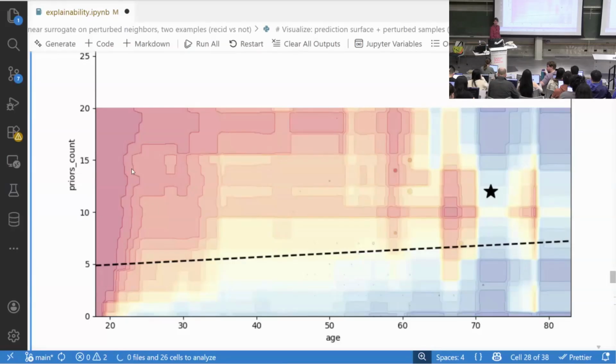In this case, the start is on this side, so it needs to be 0 outcome or 1 outcome. Does the line define the decision boundary or the color? So the color here is supposed to indicate what the model thinks underneath. And the line is a linear decision boundary that we learn for explanations. Right?